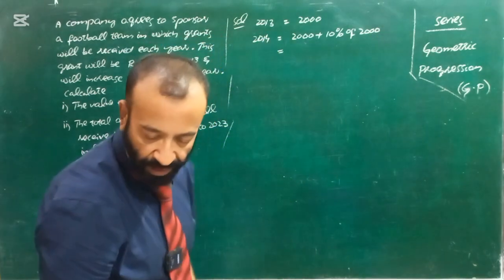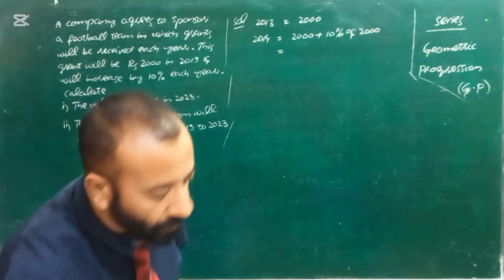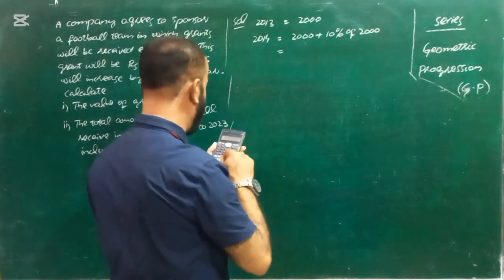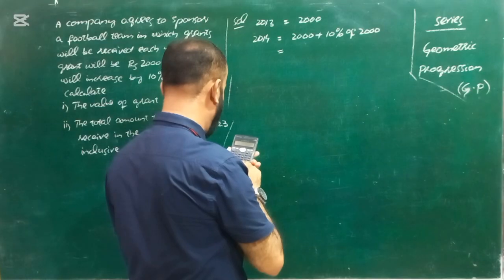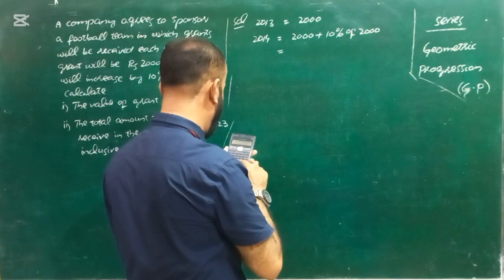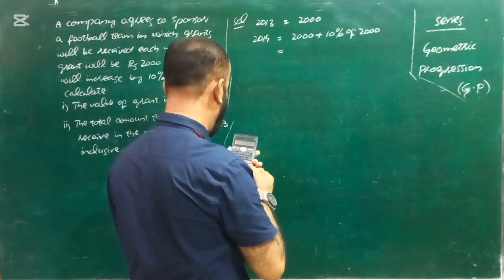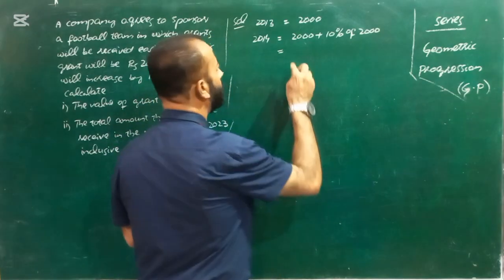So we will solve it now. It will be 0.1 into 2000 plus 2000. That is 2200.